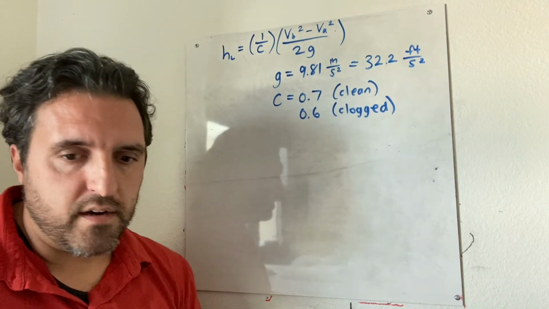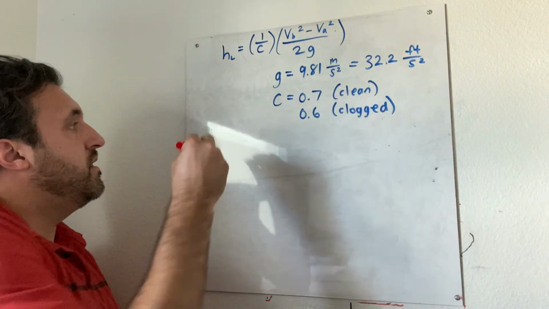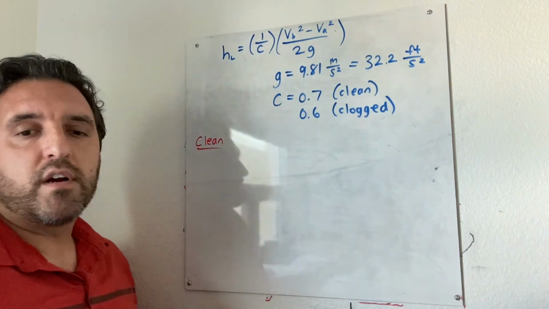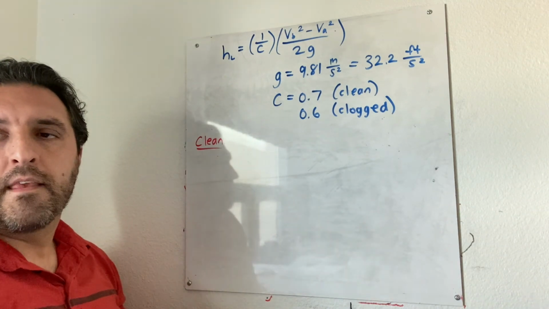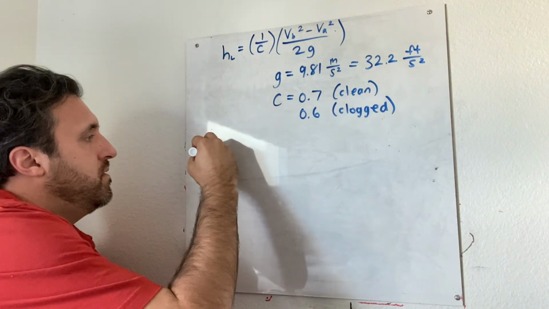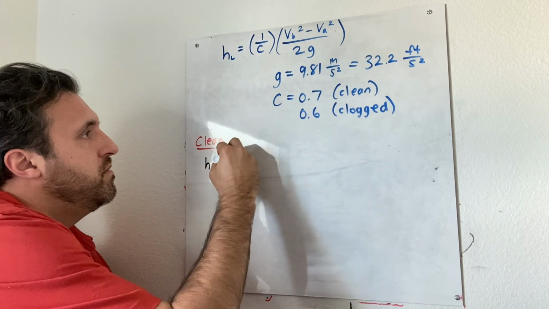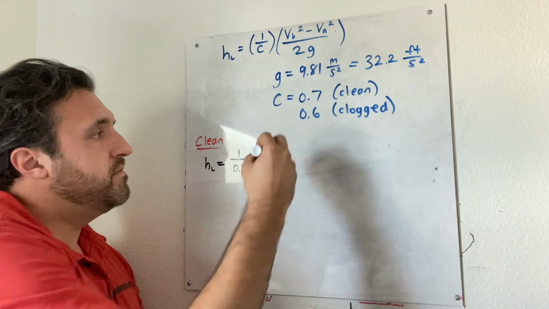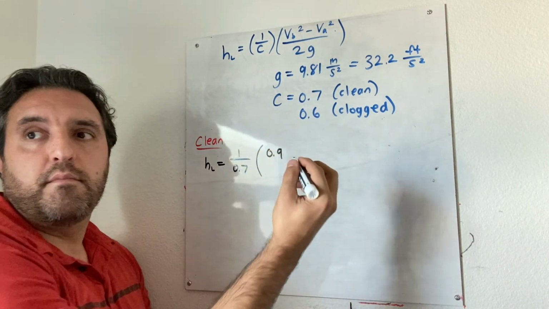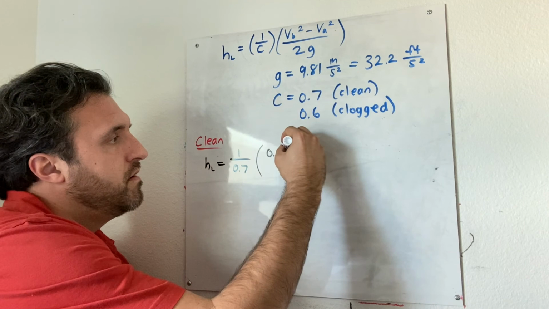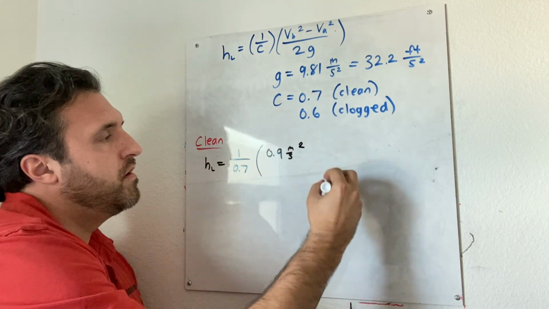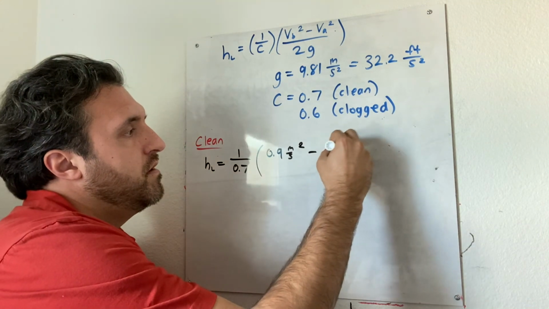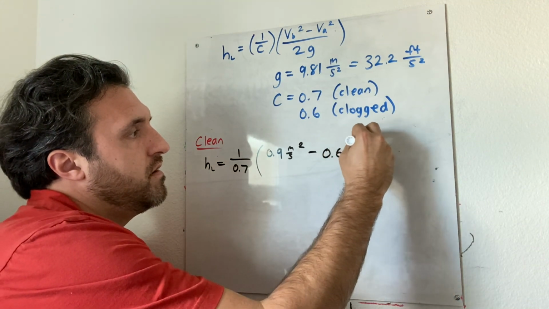So the first step here is to calculate the head loss through a clean screen. So head loss is equal to 1 over 0.7 times 0.9 meters per second squared minus 0.6 meters per second squared.